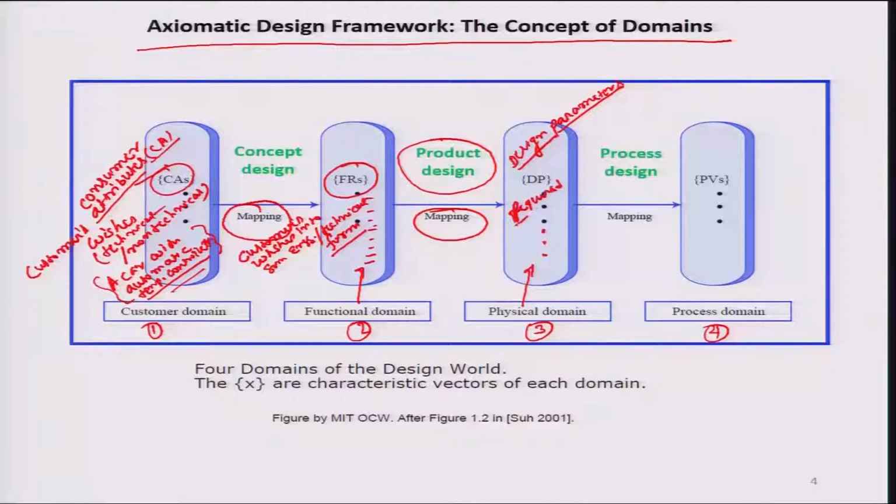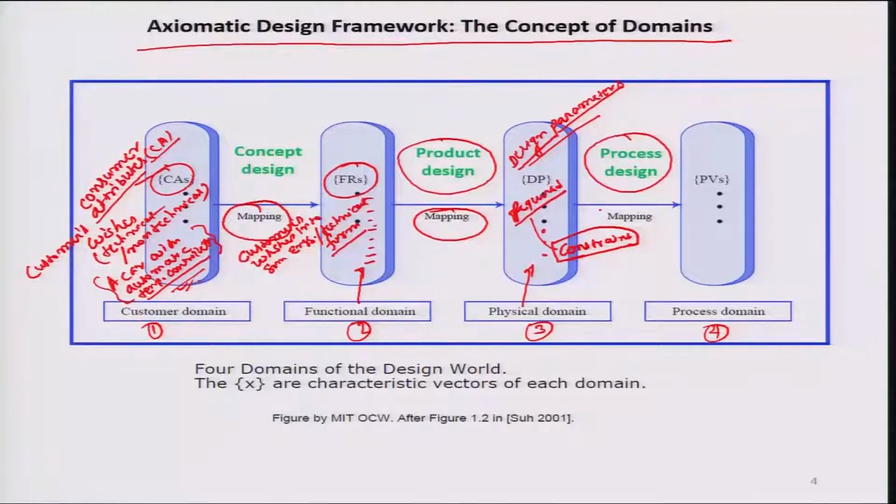Okay, after that, you will also have to select constraints. What is the limitation on the customer's wishes? After choosing design parameters for your functional requirements, you will again have to map them into the process domain. That is called process design.